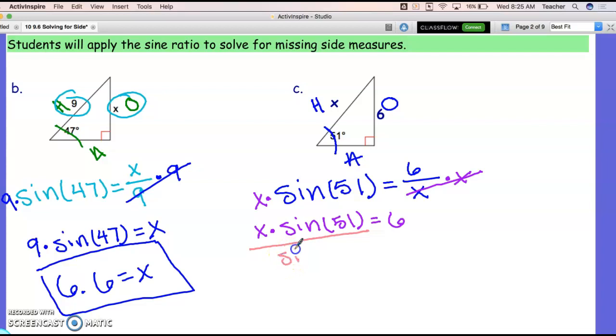So I'm just going to divide both sides of the equation by the sine of 51. That's going to cancel out with that multiplication there, and x will be by itself. So x equals 6 over the sine of 51.